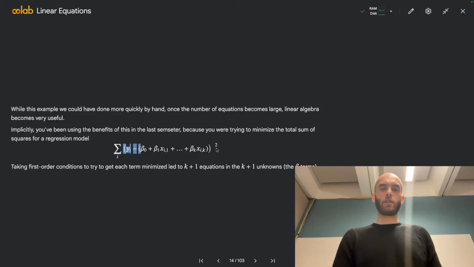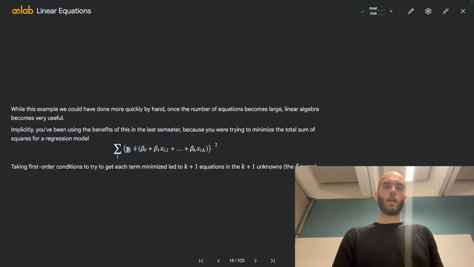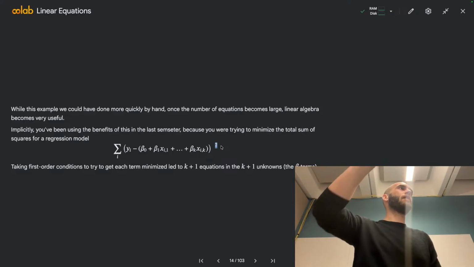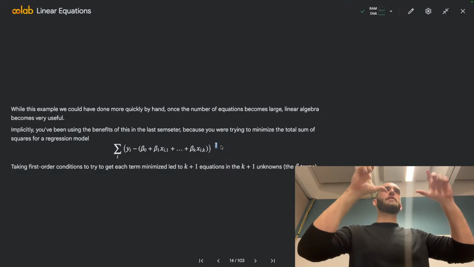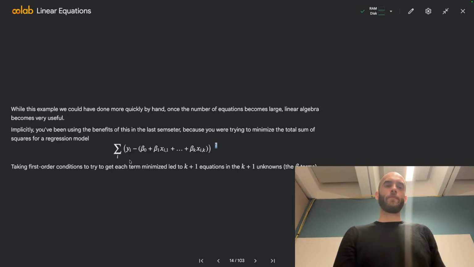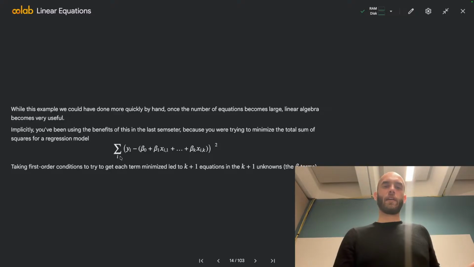We have our predictor variables, x, our inputs, and then we have y, which is our outcome variable. We have this model on the one side, and we're subtracting it off from our outcome variable, and then we're squaring that error. So the difference between the prediction and the outcome, we're squaring each one of those differences, and then we're summing them up. The objective of OLS is to minimize this thing.